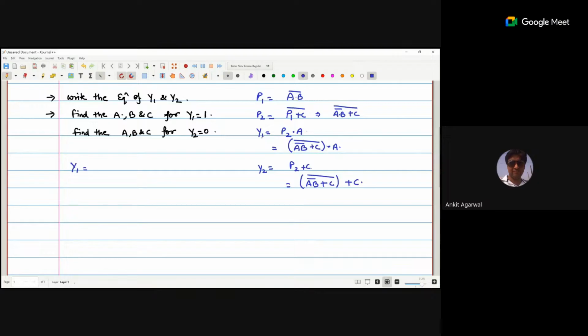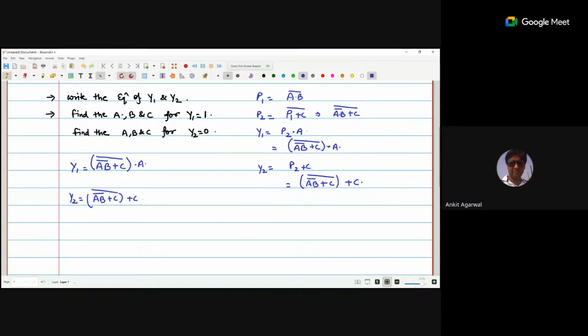So my Y1 is the product of A with ((A B) bar plus C) whole bar, and Y2 is ((A B) bar plus C) whole bar plus C.